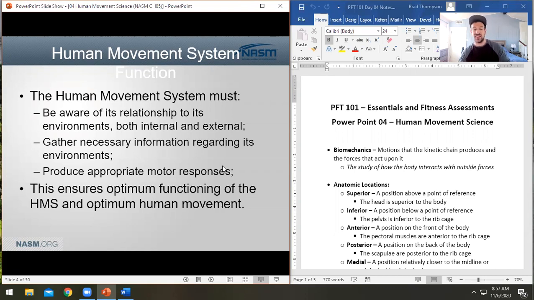And so it has to gather the necessary information, and that's where we come back to proprioception, right? We go all the way back to when we were talking about the nervous system. Proprioception is your body's sense of where it is in space. They tell you in school that you get your five senses: sight, sound, touch, taste, and, what's the last one?